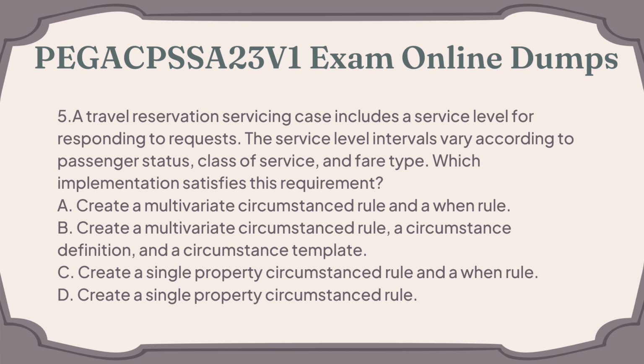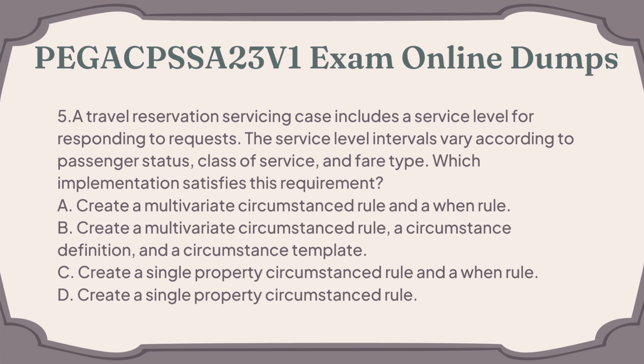5. A travel reservation servicing case includes a service level for responding to requests. The service level intervals vary according to passenger status, class of service, and fare type. Which implementation satisfies this requirement? A. Create a multivariate circumstanced rule and a when rule.